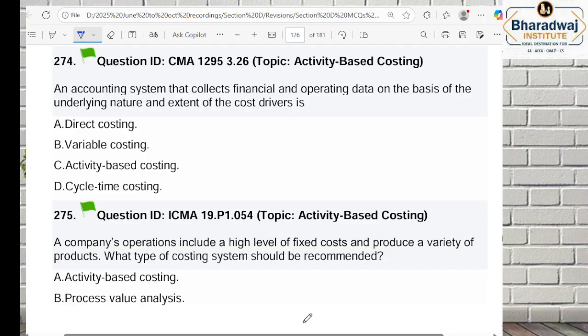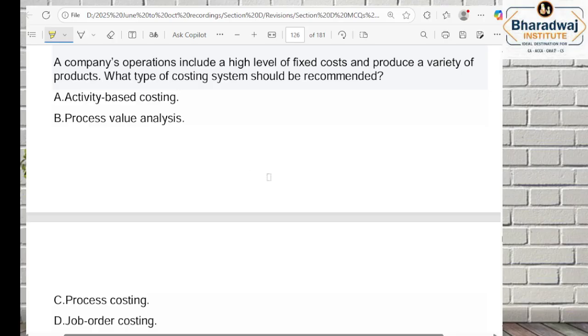Activity-based costing. Cost driver, it's going to be activity-based costing. Correct. A company's operation includes high level fixed cost.